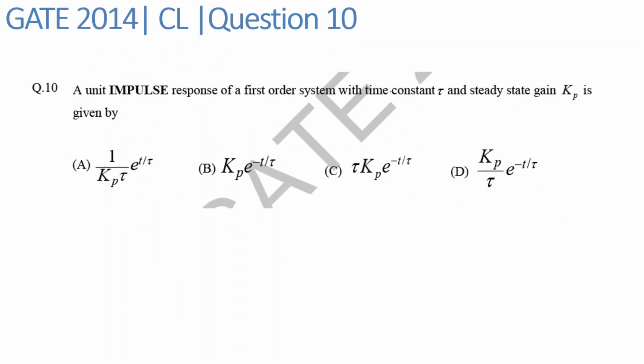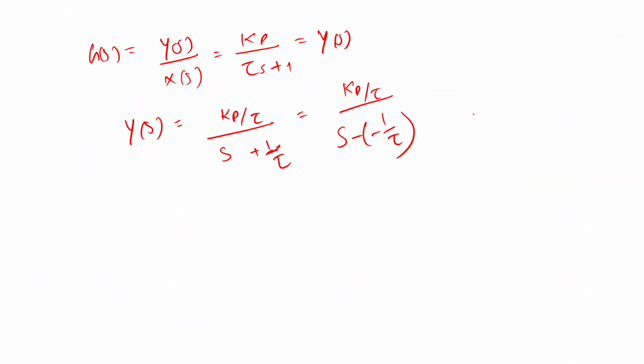Now in this given question we have to find the response of the first order system in time domain. So we need to take the inverse Laplace of this term. So L inverse of Y of s is equal to Kp upon tau into 1 upon s minus of minus 1 upon tau.